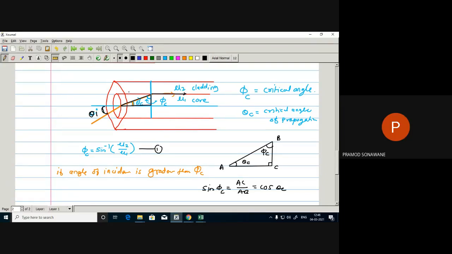So क्या करना पड़ेगा मुझे? I have to increase the angle of incidence.